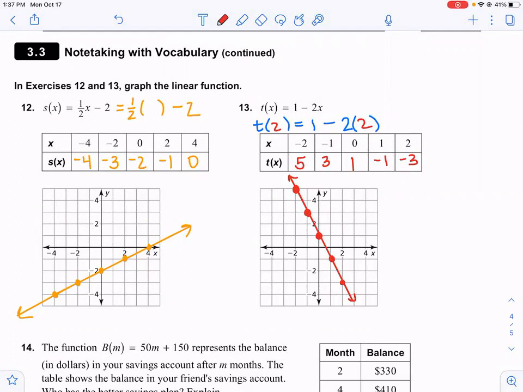Yeah, because of this right here, okay? I don't really want to multiply 1/2 times 3 and then try to graph something with a fraction, okay? So they chose these numbers so that we could get integers and not fractions. If you have to choose what numbers to plug in, guess what? You can make those decisions, okay?